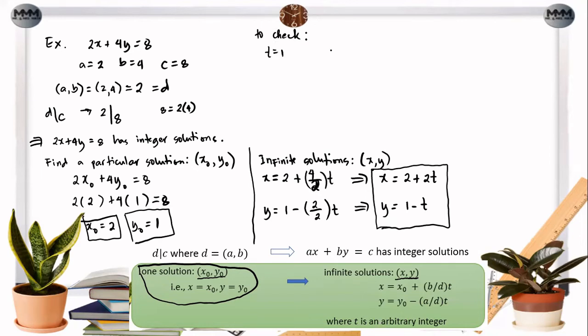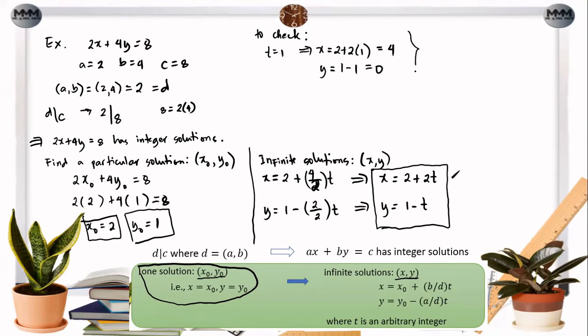Then x is equal to 2 plus 2 times 1 because t is 1. Therefore, x is equal to 4. And then for y, in the form 1 minus t, we have 1 minus 1 is equal to 0.